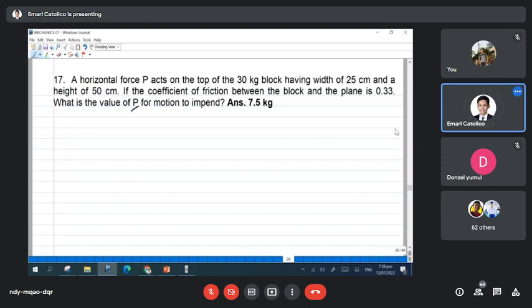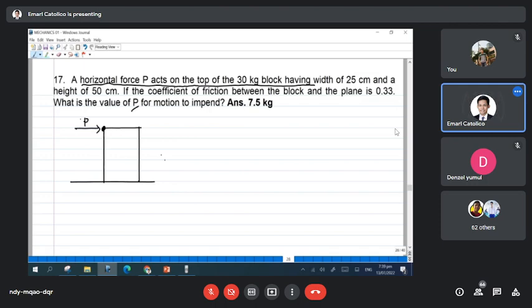I-visualize muna natin. So meron ka daw 30 kilogram block. Then meron kang horizontal force P acts on the top of 30 kilogram block. So horizontal force na nag-act doon sa top, so ito siya. Okay, force P. Horizontal.